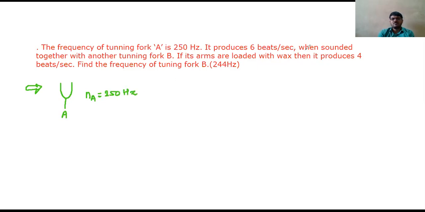It produces 6 beats per second, meaning X1 is 6 beats per second, when sounded together with another tuning fork B. Now you have another tuning fork. This is tuning fork B. Let us assume its frequency as NB.